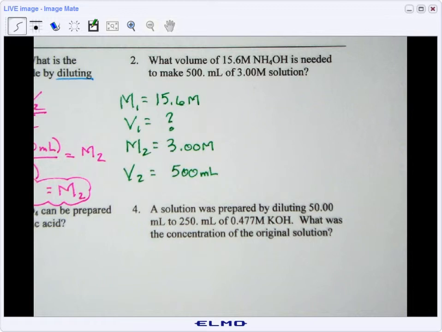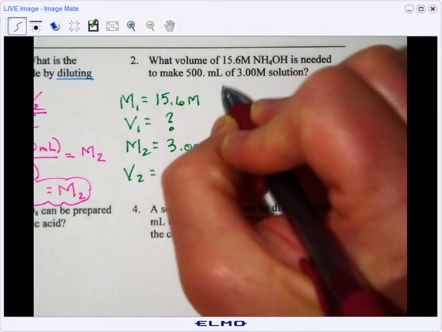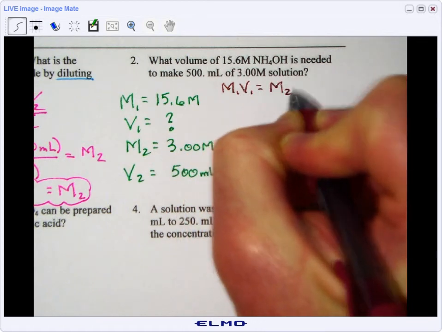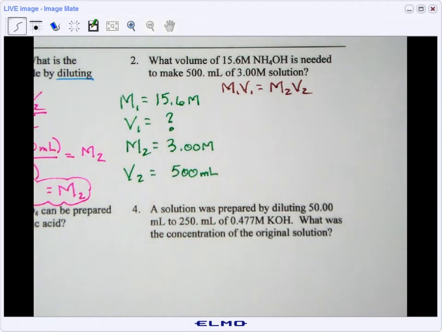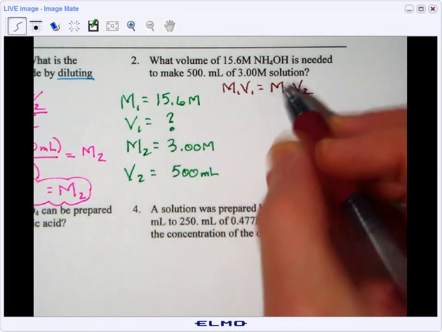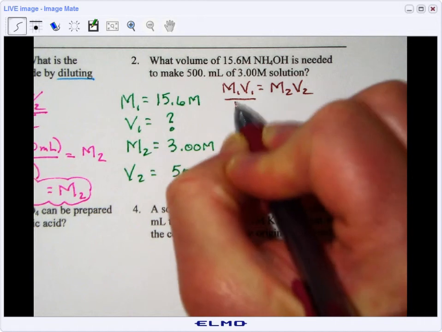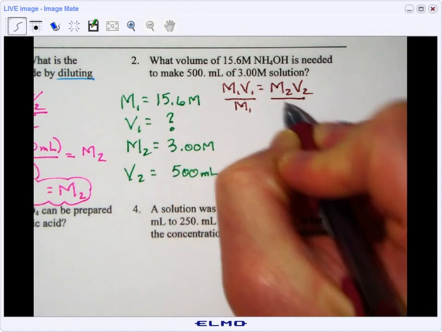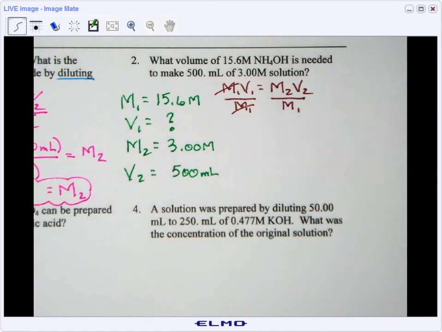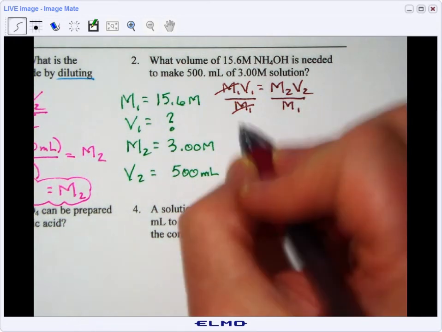So like I said, I think that's the most difficult part. That's probably 60% of your obstacle, getting that pulled out. And then, again, M1V1 equals M2V2. This time I'm looking for V1. So I divide both sides by M1. And I just have to plug my numbers in now.